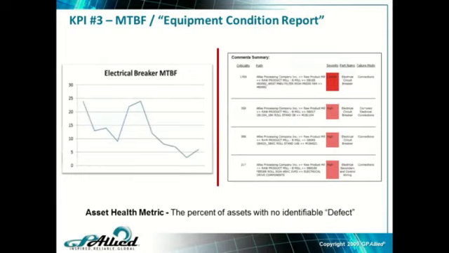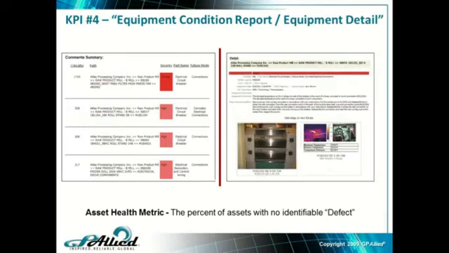And this is where I compare mean time between failure to equipment condition report. You know, which electrical circuit breakers are we having the most problem with? And when we have the problem, what is the problem? So we're moving from one metric to the next. This is part of this FRACAS. Identify the root cause of this problem.